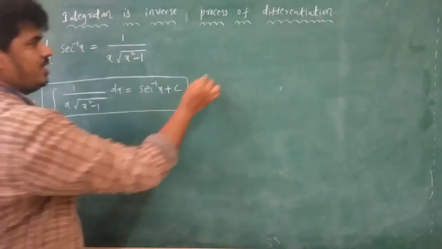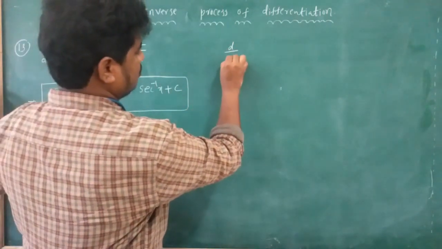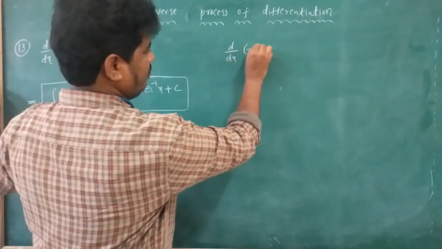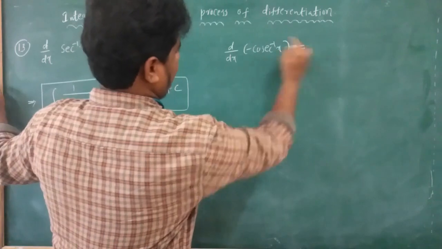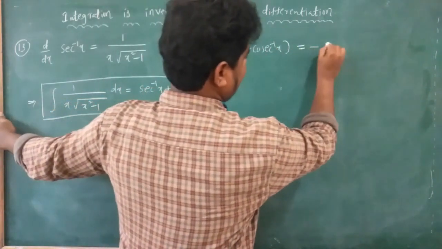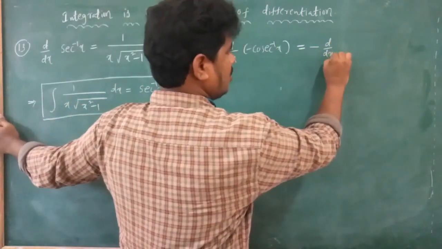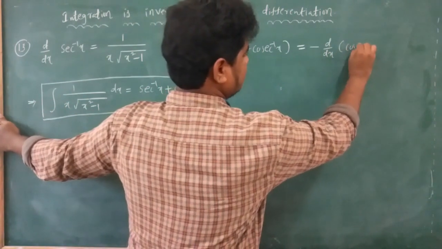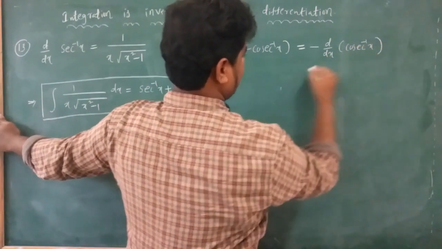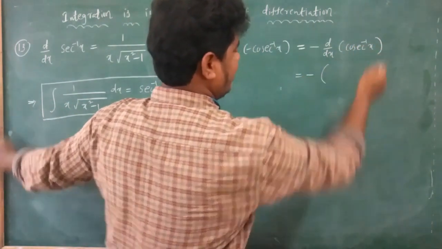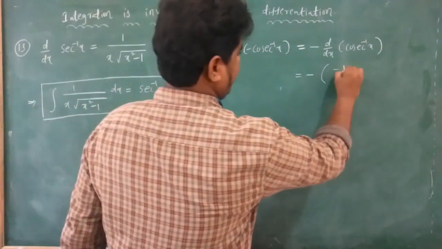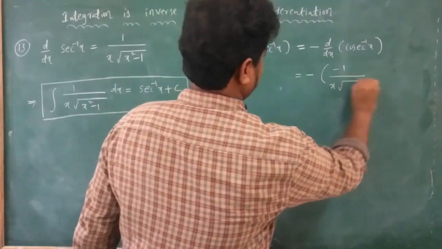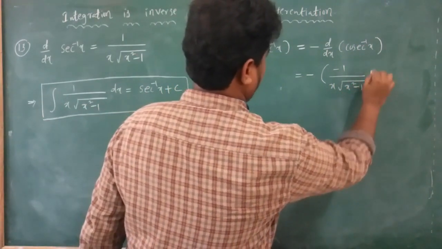Next, what is the derivative of minus cosecant inverse x? Minus will be taken outside. Minus of d by dx of cosecant inverse x. Minus of what is the derivative of cosecant inverse x? Minus 1 by x into root over x square minus 1.